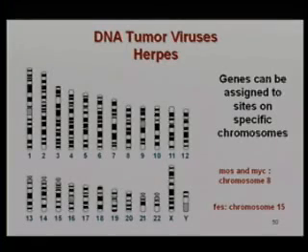And now that knowledge can bring us back to the DNA tumor viruses. And this is a picture of the karyotype of a human cell, and it's just up here to tell you that we know where all of these oncogenes are in the human chromosomes. For example, we've mentioned MYC, and MYC is over here on chromosome 8.